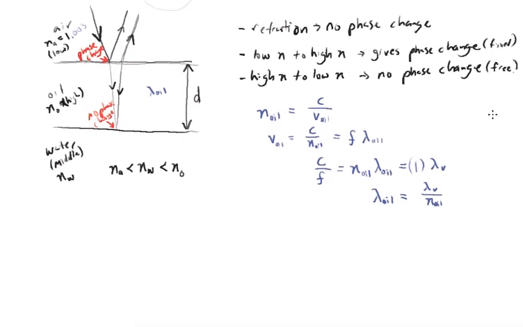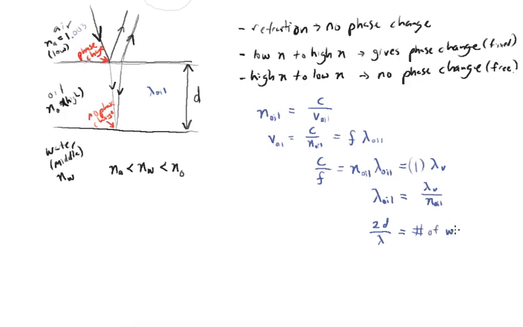Now, what we need is for the path length here to be equal to either a whole integer multiple of the wavelength or a half integer multiple of the wavelength. And the path is that this light has to go down and back up. So basically, over a distance of 2d, we need 2d divided by this wavelength, whatever the wavelength is, to equal some number of waves.